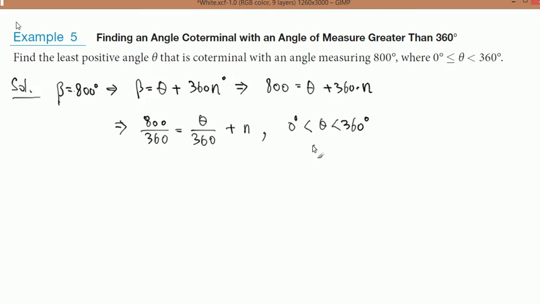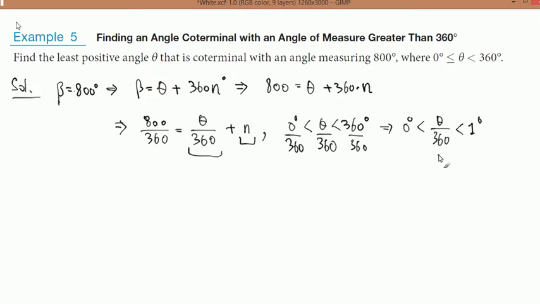If you divide both sides by 360, theta divided by 360 must be between 0 and 1. So the right-hand side is an integer plus some positive number which is very small.